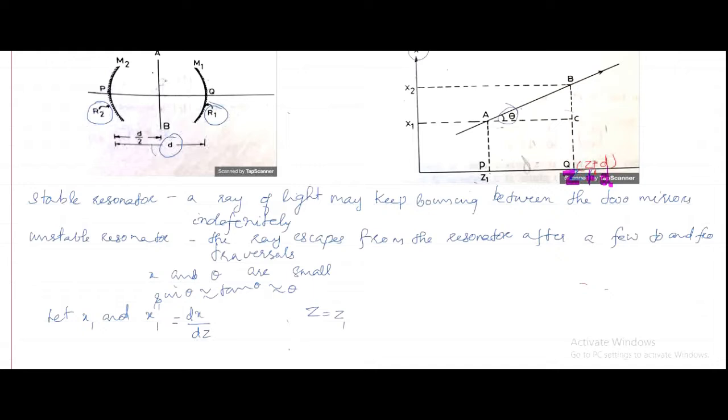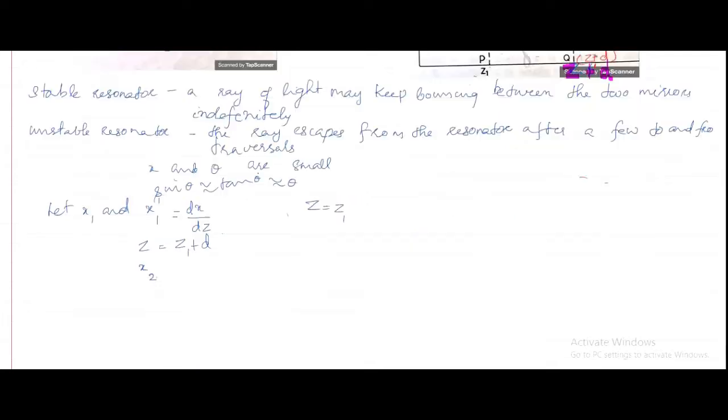Then the slope of the ray at any plane z equals z1 plus d, lying in the same medium, is x2 dash equals dx by dz at z1 plus d, which is equal to dx by dz at z1, which equals x1 dash.